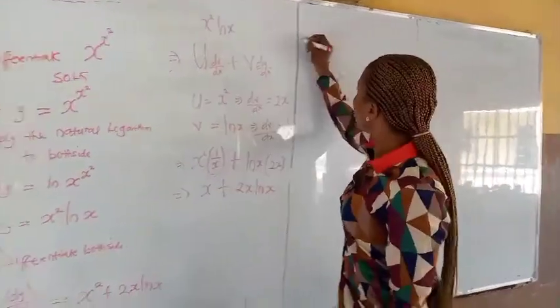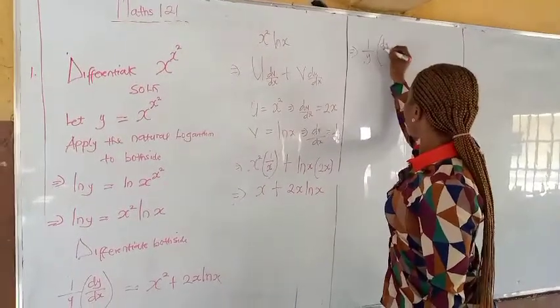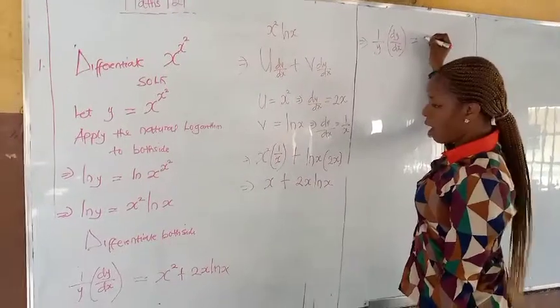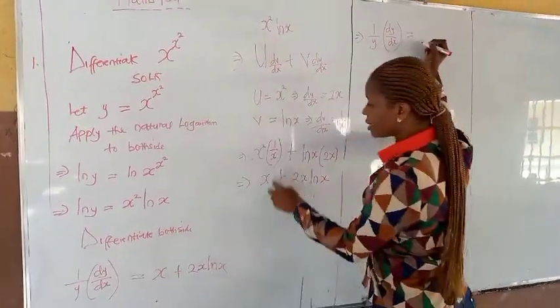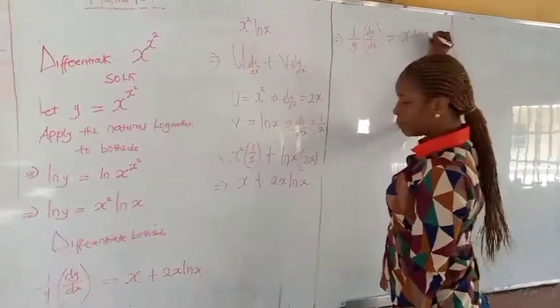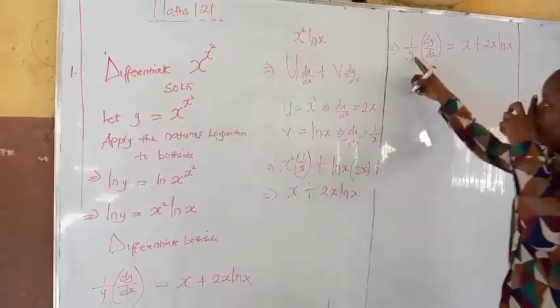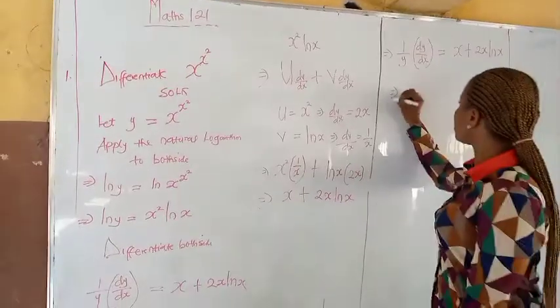From here, we have that 1 over y into what? dy dx equal to what? Equal to x. Please, there is no square. Equal to x squared. This has cancelled this. Equal to what? x plus what? 2x ln x.